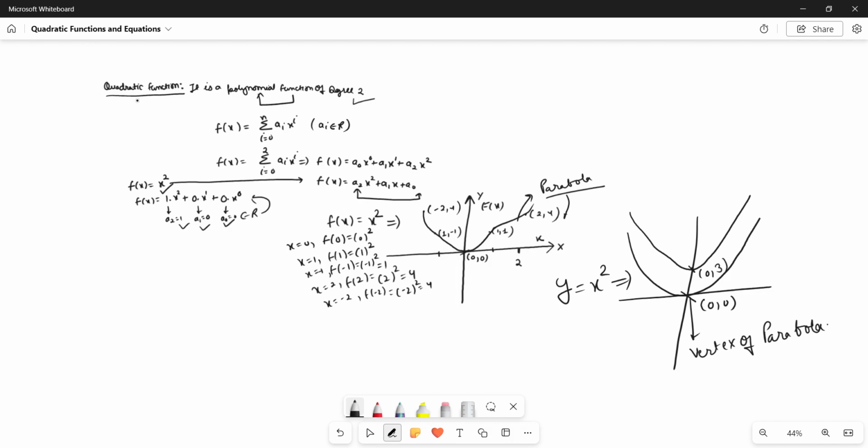Now what will be the effect of shifting this parabola 3 units upward on this function? Will it remain same or will it change? Of course, y is equal to x square refers to a parabola having vertex 0 comma 0, and we are interested to find the equation or the function of the parabola which has vertex 0 comma 3.